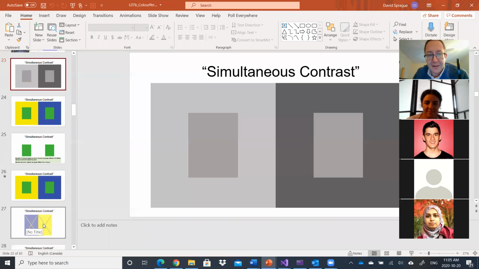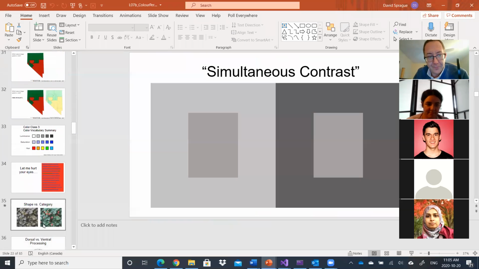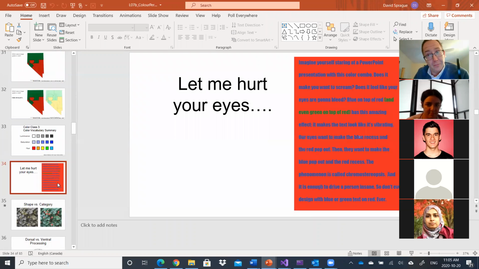So when we have something like this, it's very hard to get it exactly right, but you're trying to get two colors that are the same brightness level and see how hard it is to actually read. And when you make it larger, it gets even worse.